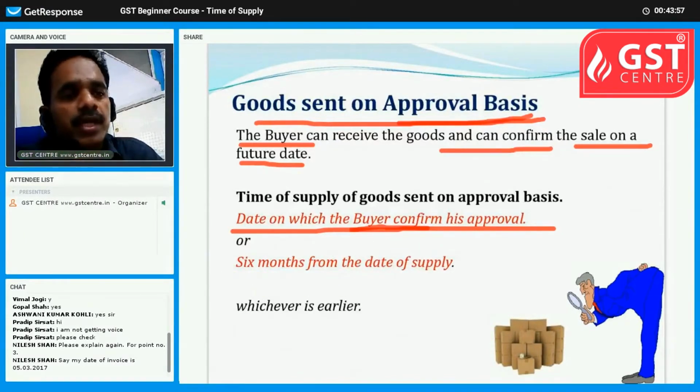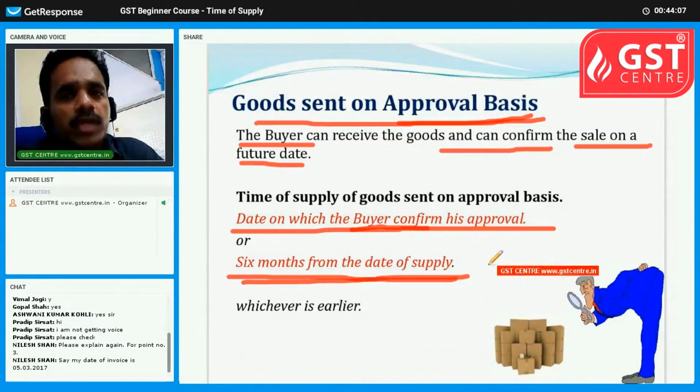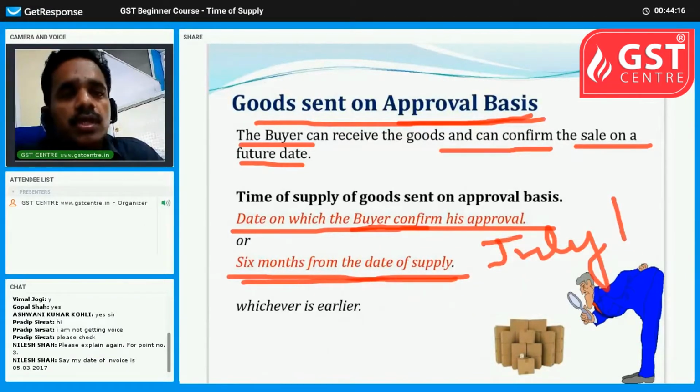And what will happen if the buyer does not approve? In that case, six months from the date of supply. Suppose the goods were sent on July 1, and the buyer confirms it on September 30th. Then the time of supply will be September 30. On September 30, the supplier will be liable to pay GST.